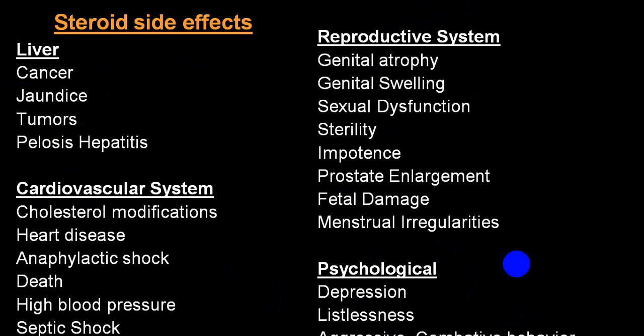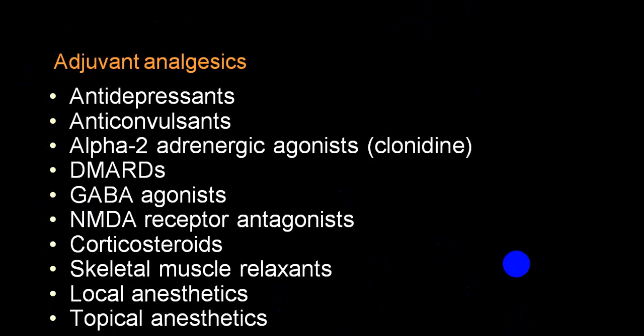Now apart from steroid, you can use adjuvant analgesics, and the most common indication is neuropathic pain, chronic pain because of cancer, chronic pain because of non-cancerous causes, and chronic pain syndromes.